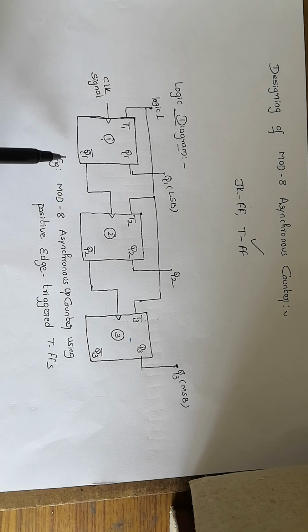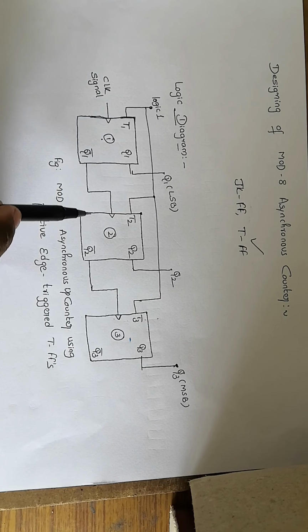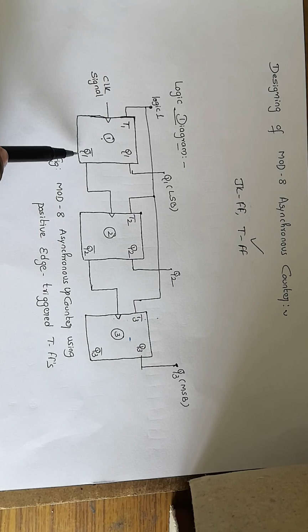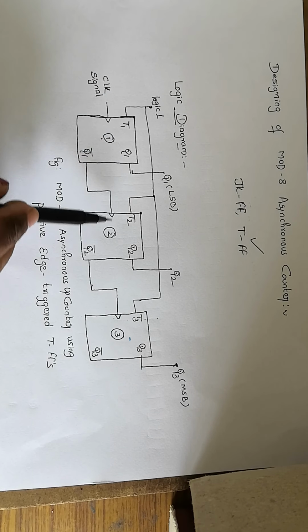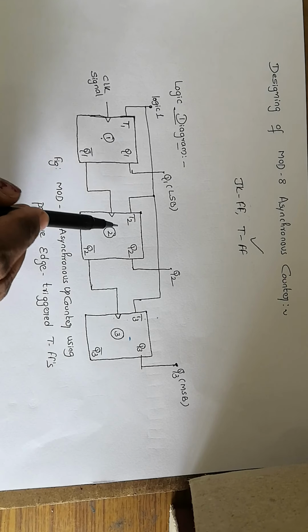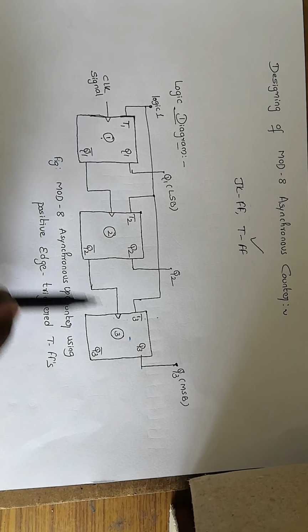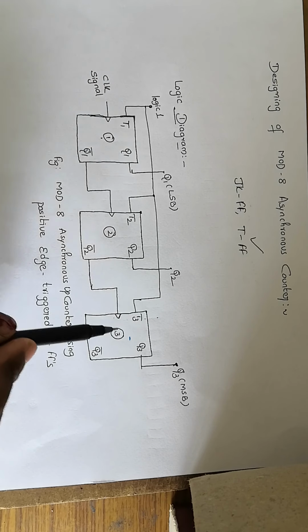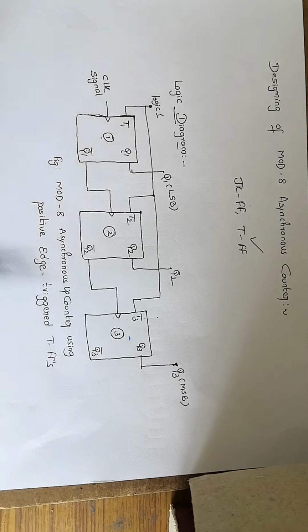Since I am implementing positive edge triggering, instead of Q1 I consider Q1 bar as the clock input for the second flip-flop. Similarly, the output Q2 bar is connected as the clock input for the third flip-flop.